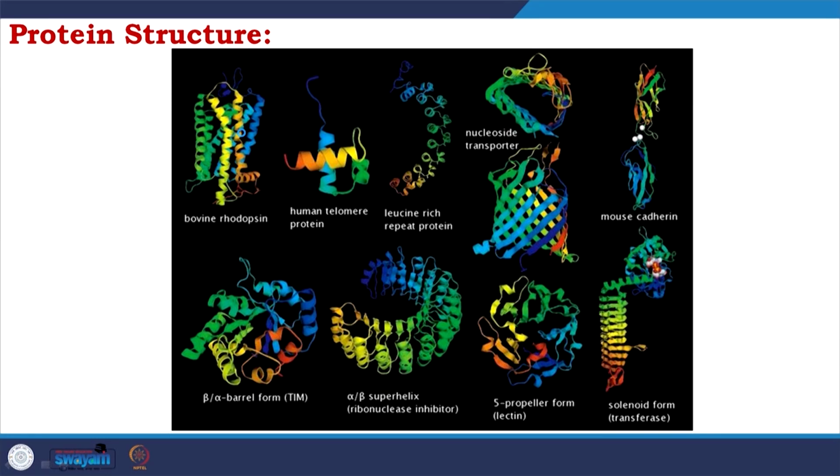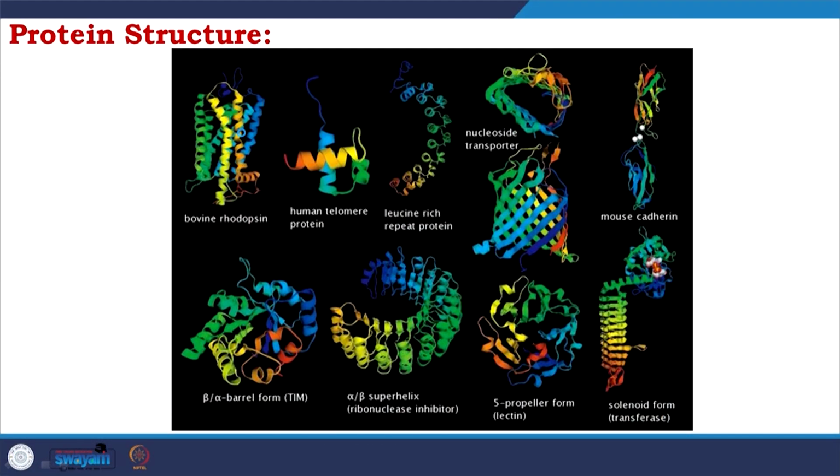Proteins form beautiful three-dimensional structures. What is the target of this course? To study and understand. Protein being the functional molecule of the body, you have to understand the three-dimensional structures they are developing.